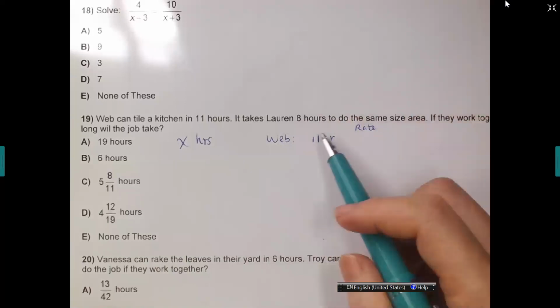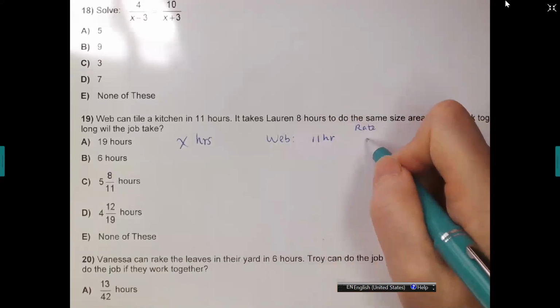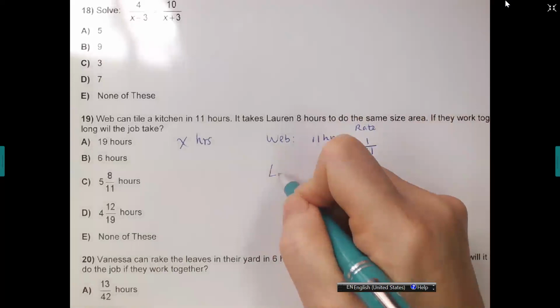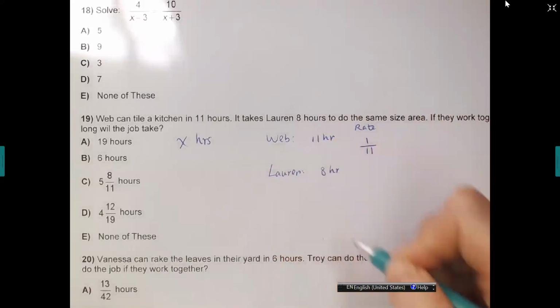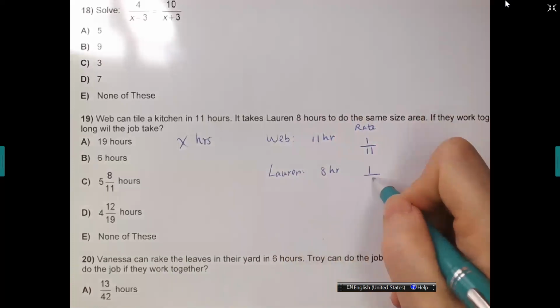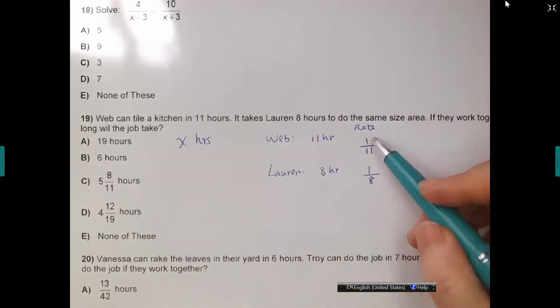The work done by Webb per hour is 1/11 of the entire job. And Lauren used 8 hours to finish the job, so in 1 hour she finishes 1/8 of the entire job. Okay, so there's the rate.